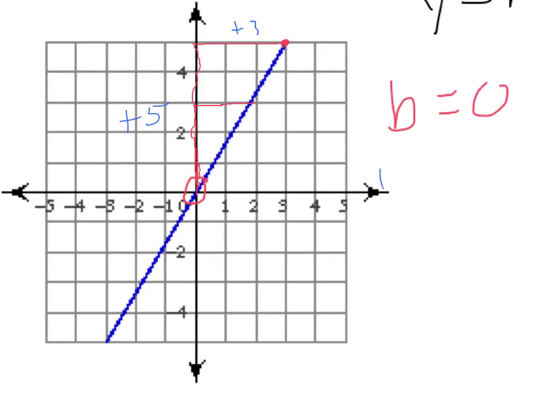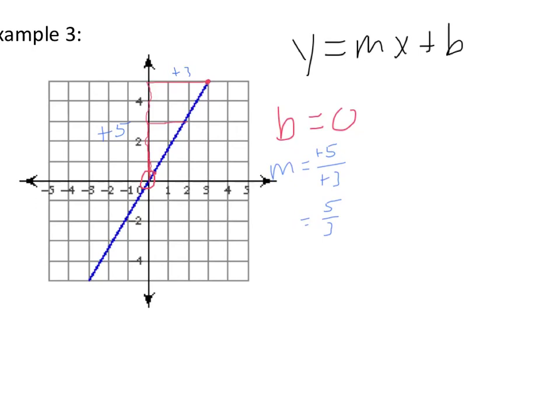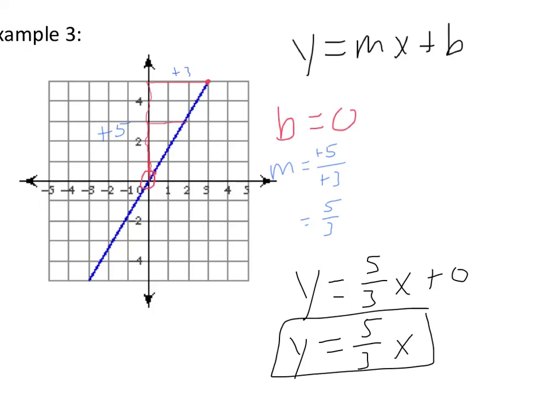So my slope, or rise over run, I rose 5 units and I ran 3 units, so the slope is 5/3. So if I write my equation out, I'll write y equals 5/3 x plus 0, or just write y equals 5/3 x. That's good enough. And this ends Lesson 1-2, Video 2.